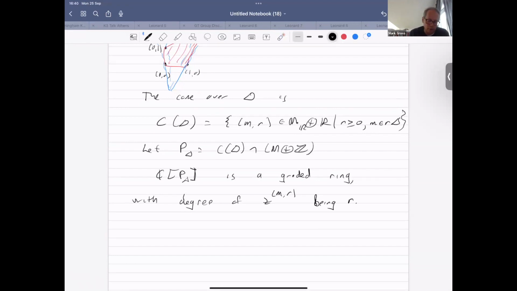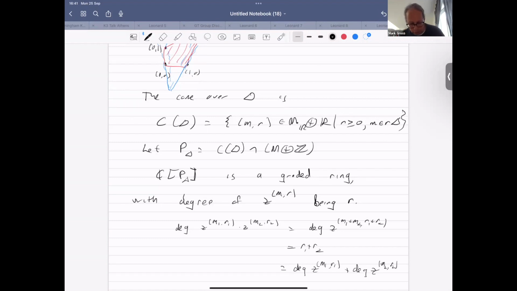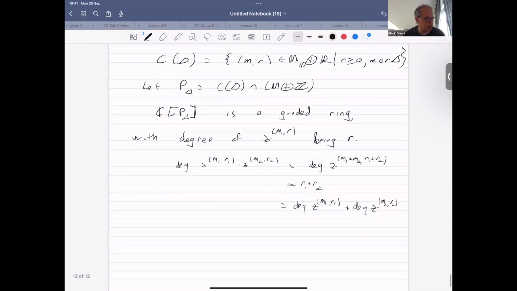And of course, the product rule is homogeneous. The degree of z to the (m1, r1) times z to the (m2, r2) is the degree of z to the (m1 plus m2, r1 plus r2), which is r1 plus r2, which is the degree of z to the (m1, r1) plus the degree of z to the (m2, r2). So this is an example of a graded ring. We have a notion of degree, and its degree respects products. And as such, we can take the Proj of this.